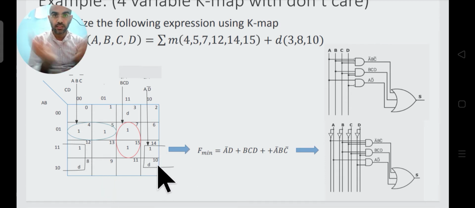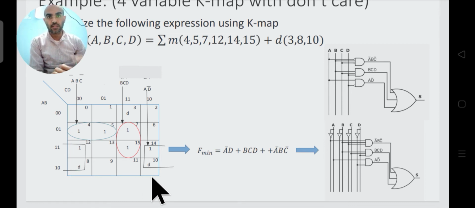Because if you fold this K-map, as we have already discussed, the leftmost column is adjacent to the rightmost column, and the topmost row is adjacent to the bottommost row.